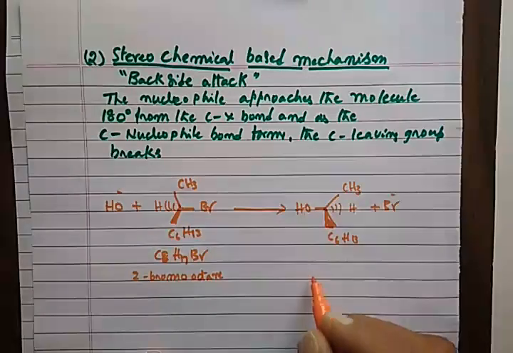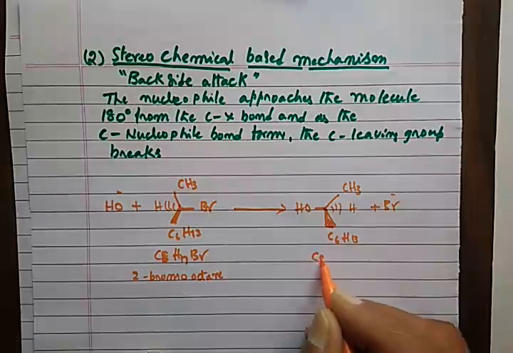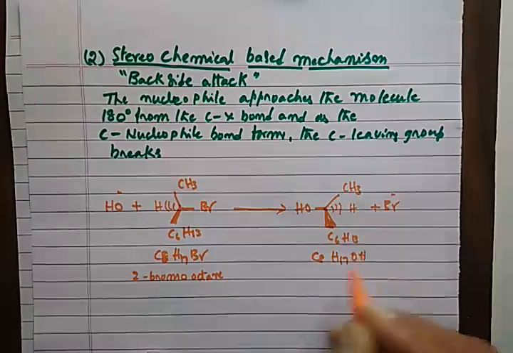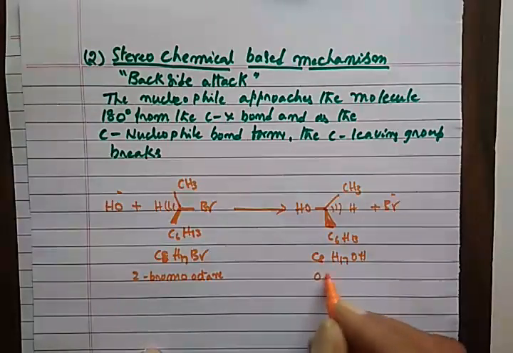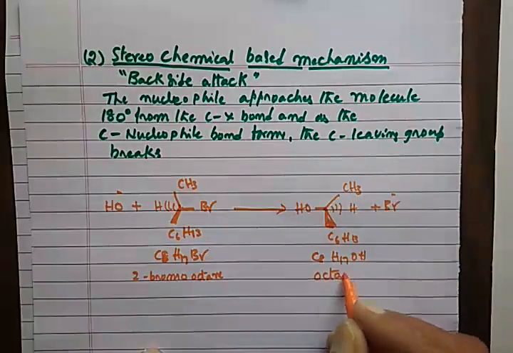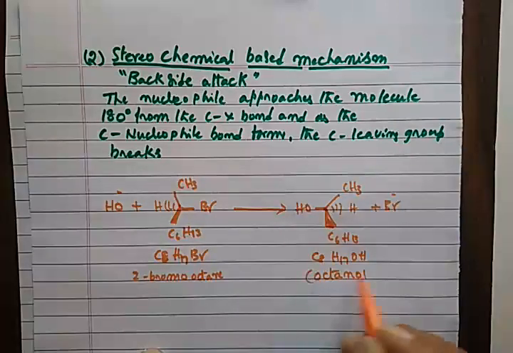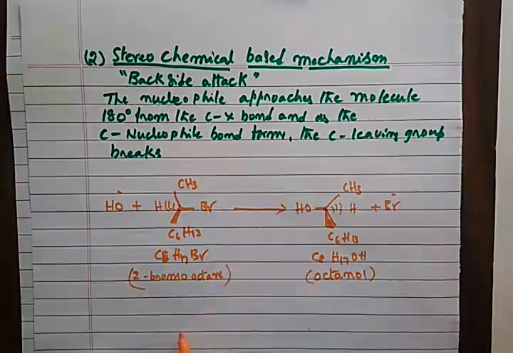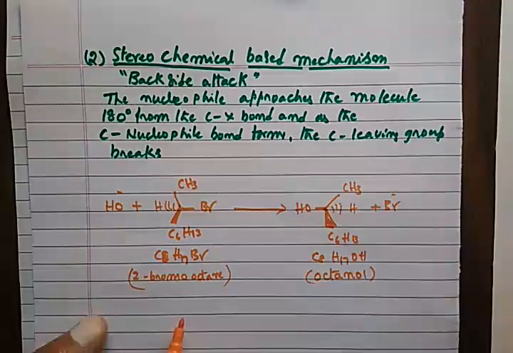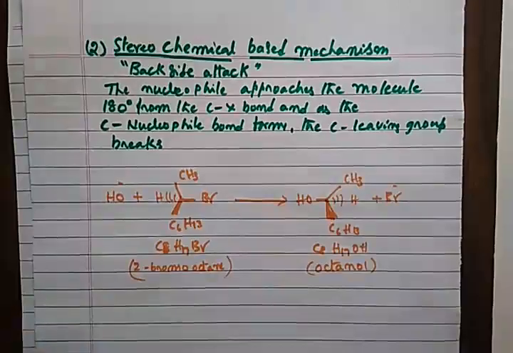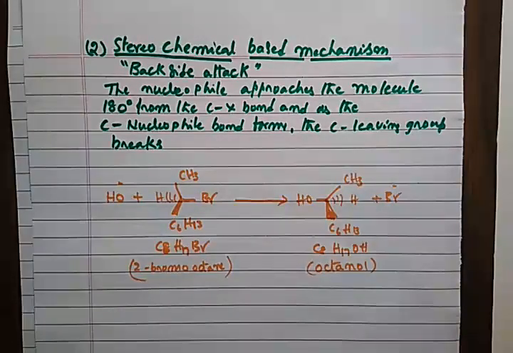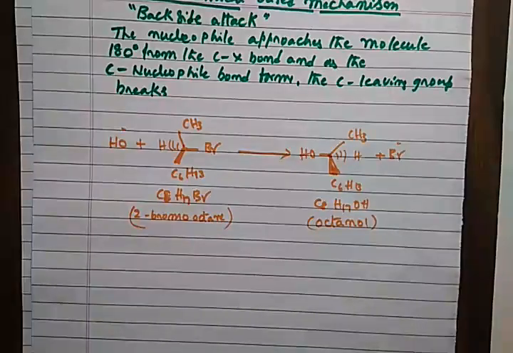So this side, this is C8H17OH, this is octanol. 2-bromooctane becomes octanol. So here, whatever I explained earlier, two things are happening.